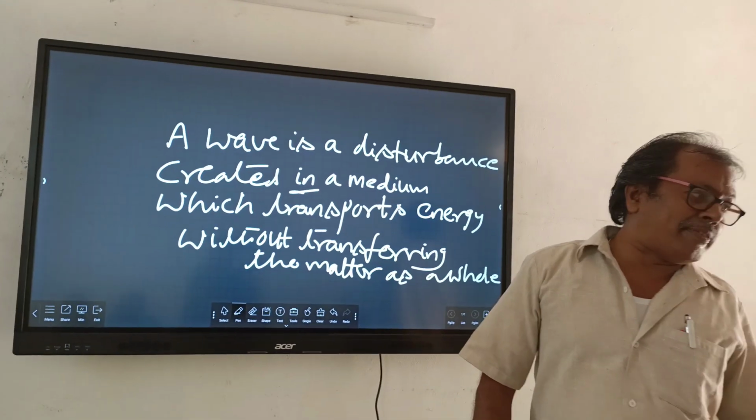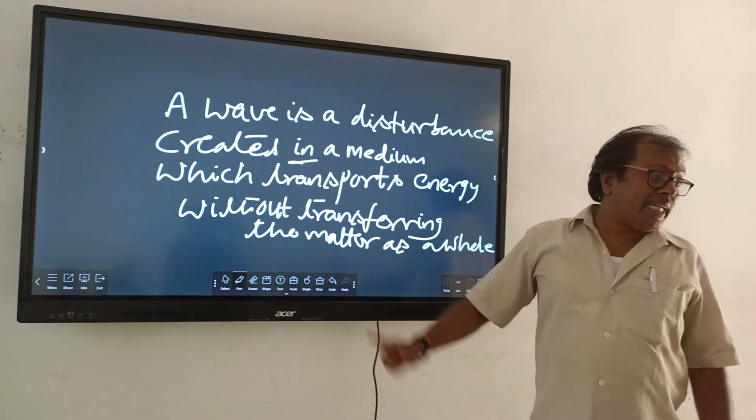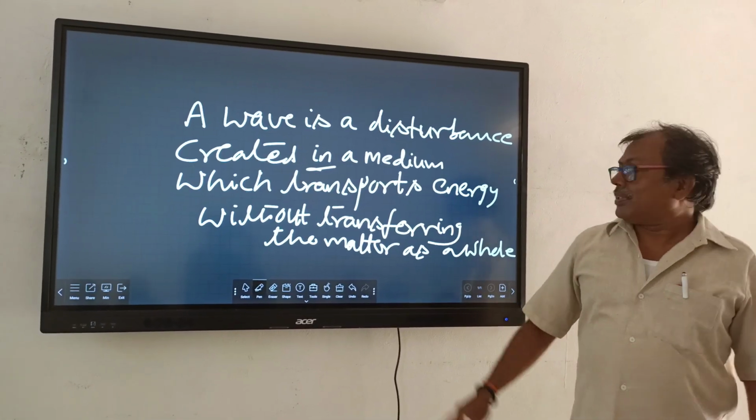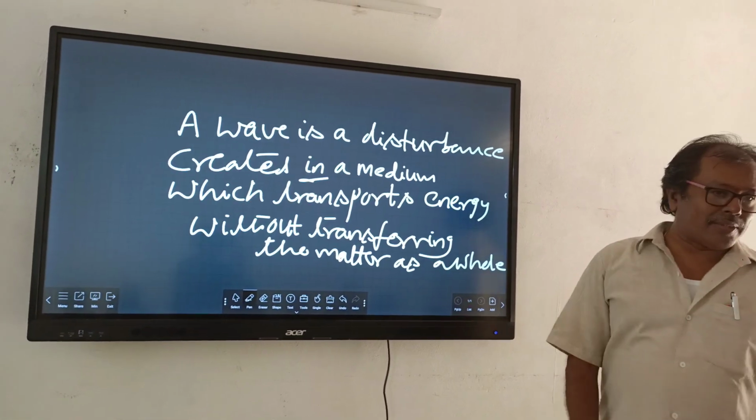This is the way in which you can define a wave. A wave is a disturbance created in a medium which transports energy without transferring the matter as a whole.